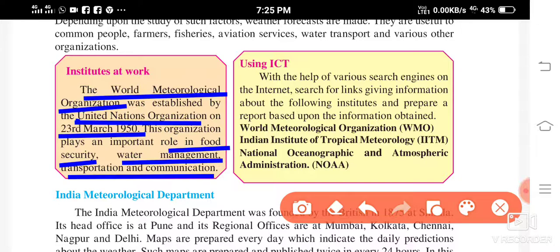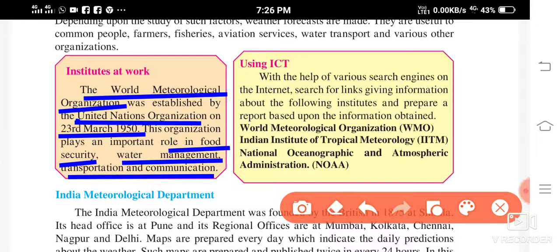Now using ICT, that is with the help of the internet and all, with the help of various search engines on the internet, search for links giving information about the following institutes and prepare a report based upon the information obtained. So this activity is for you.